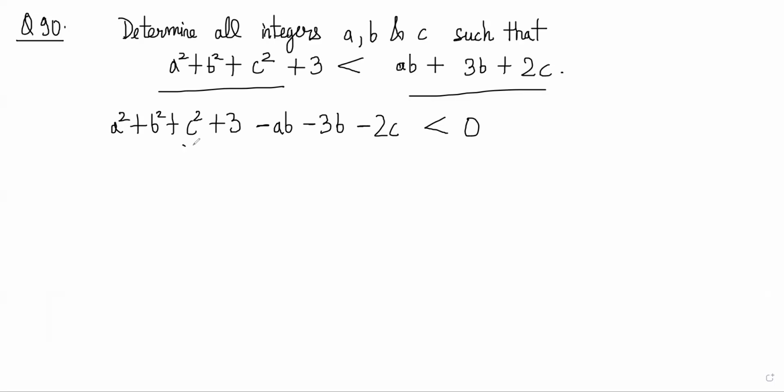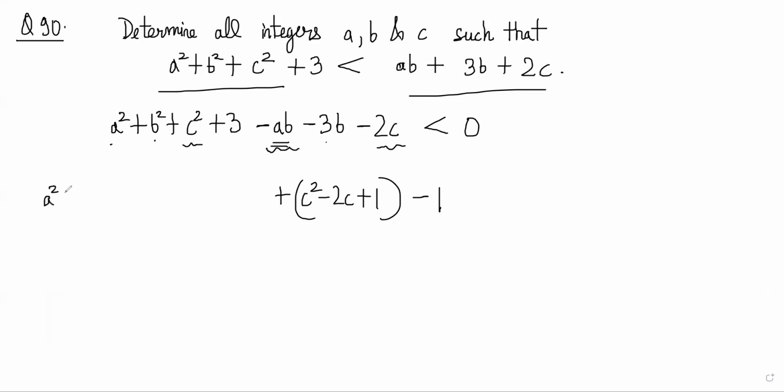So one thing I can notice is c square minus 2c. So I can immediately write plus c square minus 2c plus 1 and minus 1, right? And I have a square, ab, and b square and 3b. So how do I handle b square and 3b? I have to use this ab term.